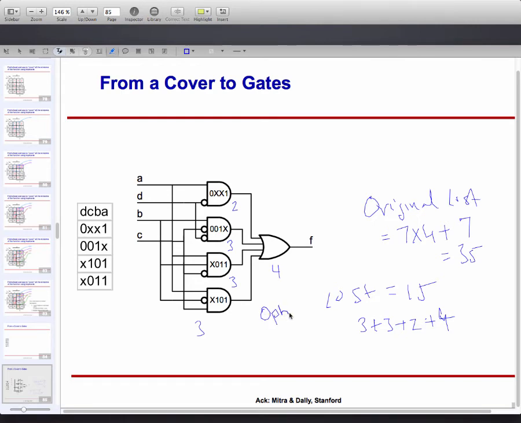The optimized cost is 15. So it's a huge win. It would be a smaller design. It would actually be a faster design, and it would consume less power. So you gain in every dimension out here.